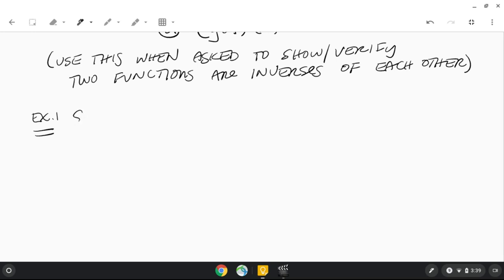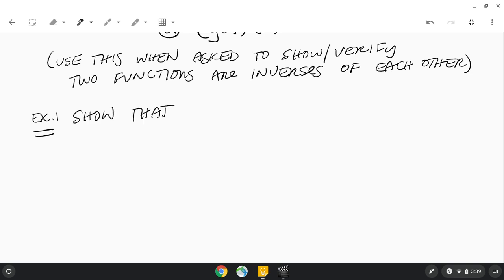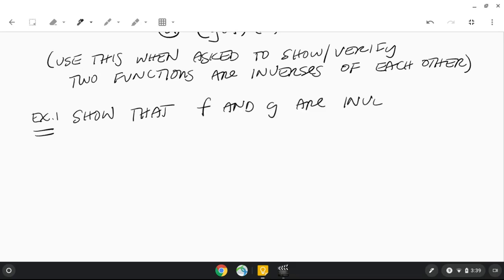Okay, so let's go ahead and show that f and g are inverses of each other.